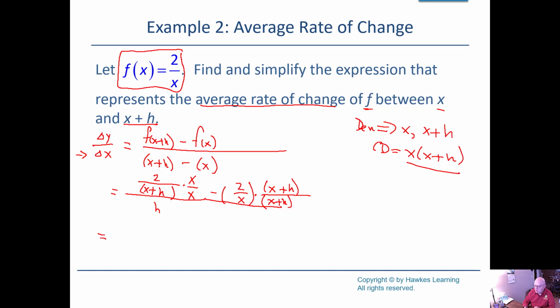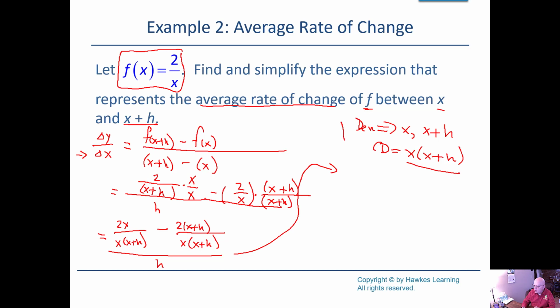So on the first one, notice you've got 2x over x times x plus h minus, and over here you'll have 2 times x plus h over x times x plus h. Remember, that's just the numerator. And down here, there's h. Okay? Take this up here, give us some room.